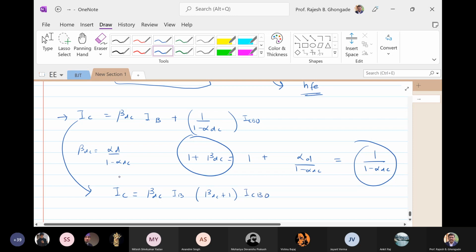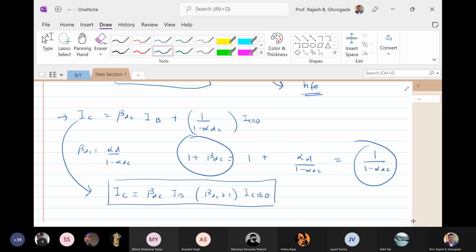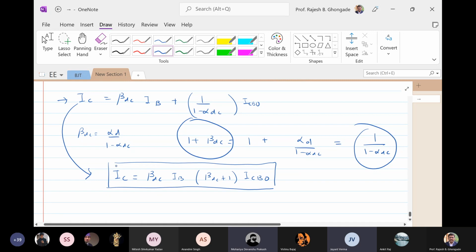This is a very important equation, which tells us the relationship between IC and IB. Plus sign comes after IB. Yes sir. So we have a very important relationship between IC and IB.